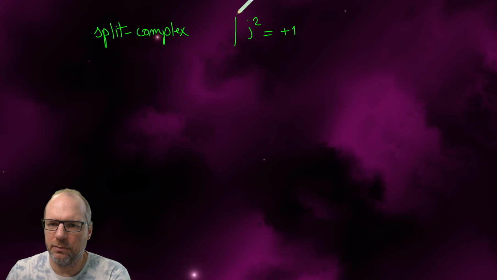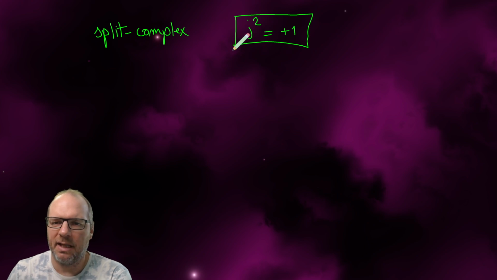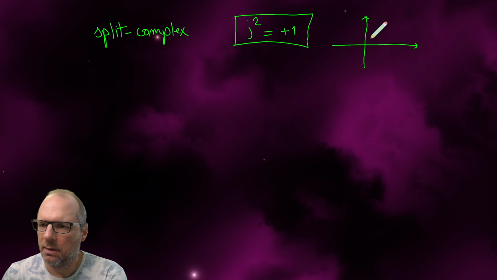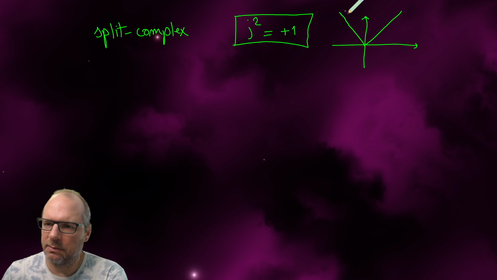So this is a new rule for this mysterious symbol j. These numbers are used for the special relativity case, the hyperbolic geometry.